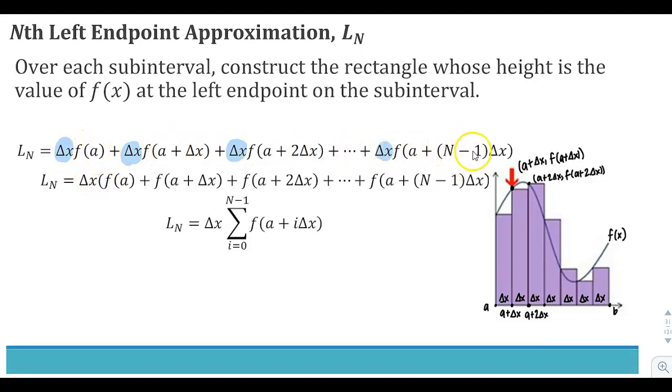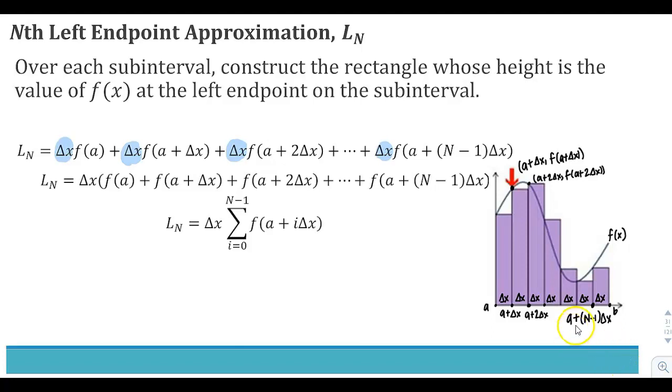Now the last height is going to be at f of a plus n minus 1 delta x. So over here, this last leftmost endpoint height is going to be represented generically by a plus n minus 1, because remember n is the number of rectangles, so n minus 1 copies of delta x.